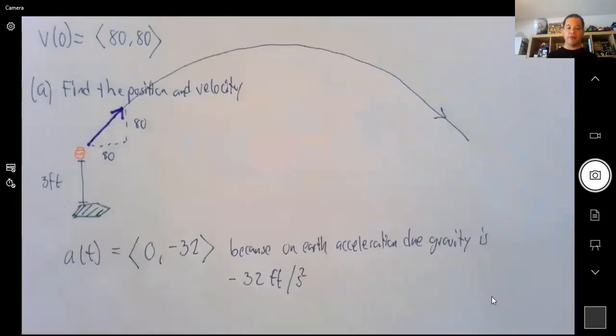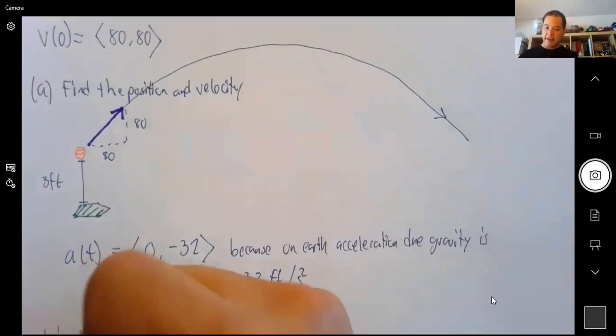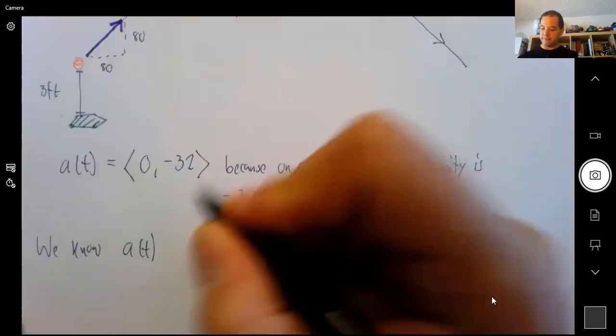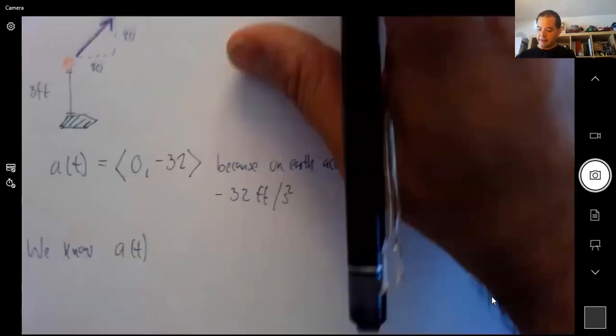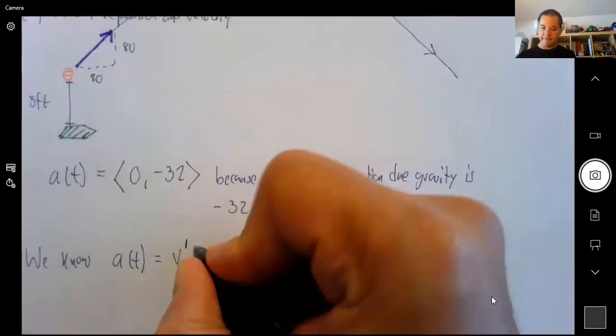And we need to find out the velocity and the position of the object. And all we need to do is remember what we were doing last class as well. So we know the acceleration is the derivative of the velocity. So we know A of t is v prime of t.